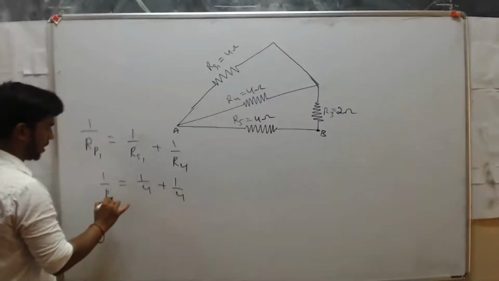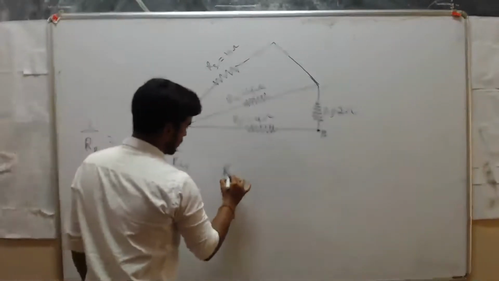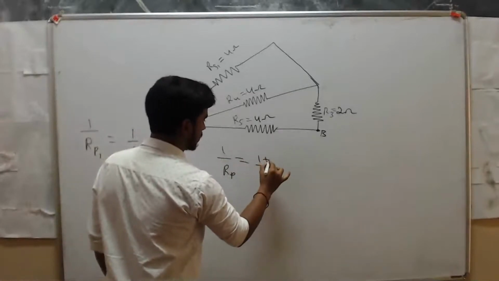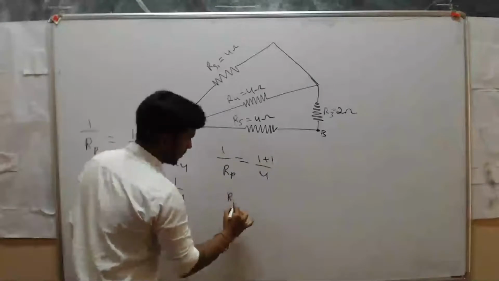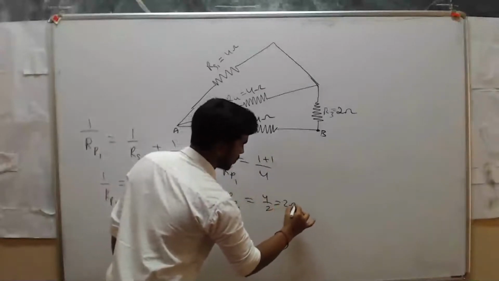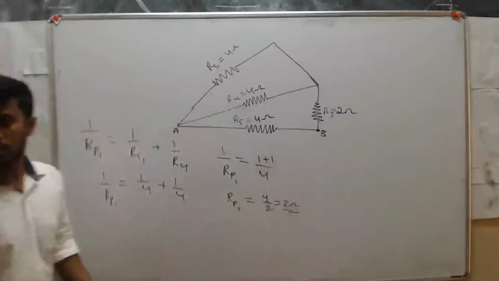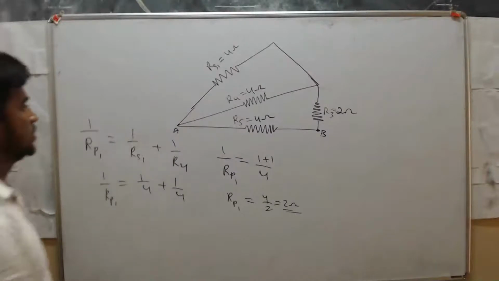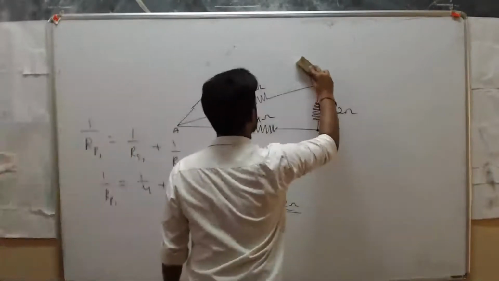So 1 by RP1 is equal to, with LCM 4, 1 plus 1 over 4. So RP1 is equal to 4 by 2, that is 2.